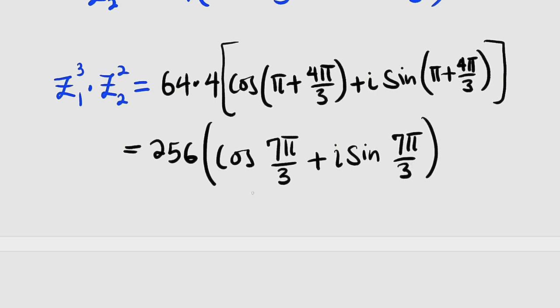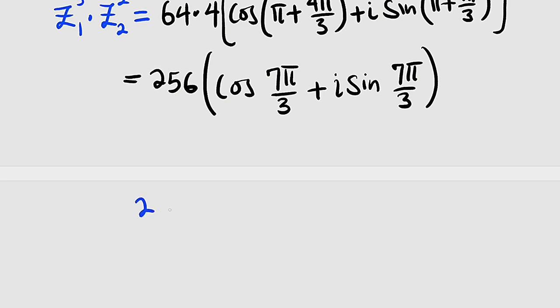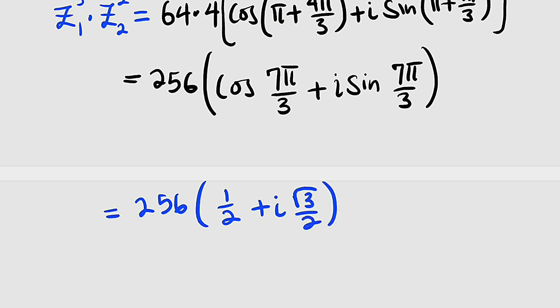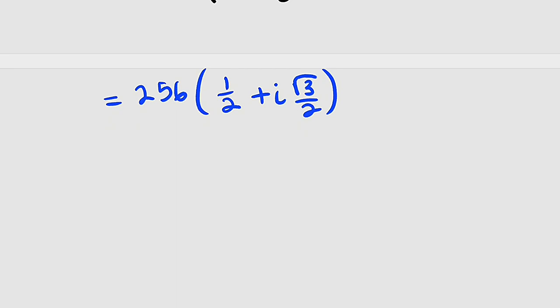All we need to find is cosine of this and sine of this. Cosine of 7 pi divided by 3 is 1 over 2. So we have 256 multiplied by 1 over 2. Then plus i. Sine of this angle 7 pi divided by 3 is root 3 divided by 2. So let's distribute.